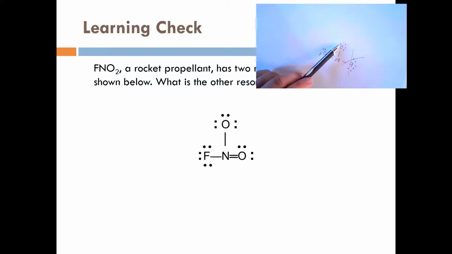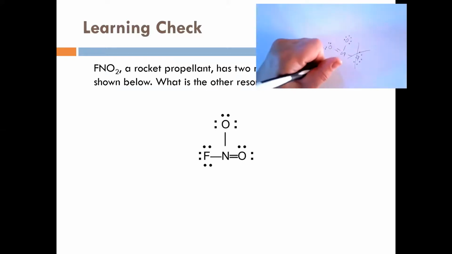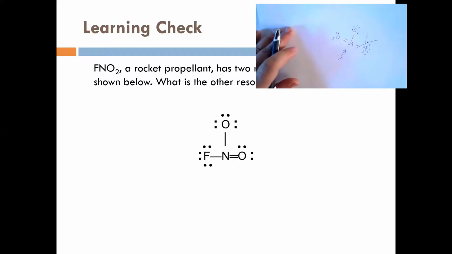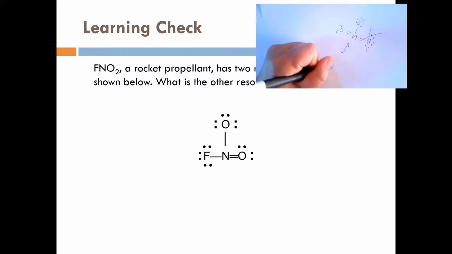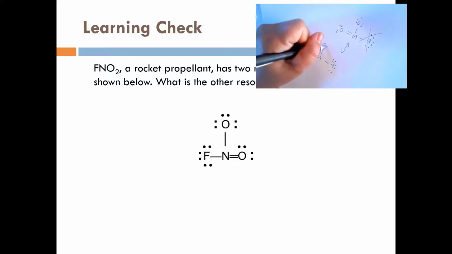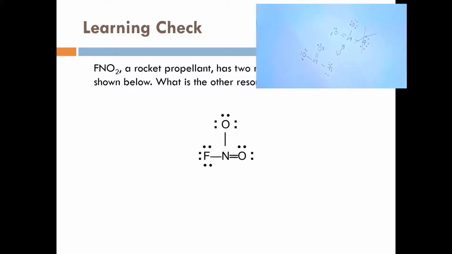And because there's another oxygen, one day could mean that this pair is shared instead of one of these. So the other resonance structure that is available, that's why we're going to put an arrow back and forth, meaning it goes back and forth between these 2, will still have fluorine by itself, because that's in group 7. It only makes 1 bond. But in this case, this oxygen is going to be sharing the other lone pair. And it's just going to rotate back and forth between the 2.